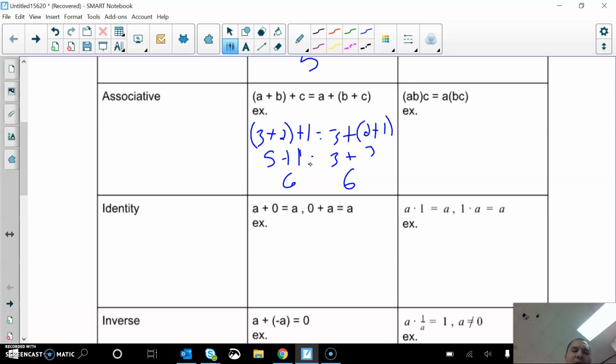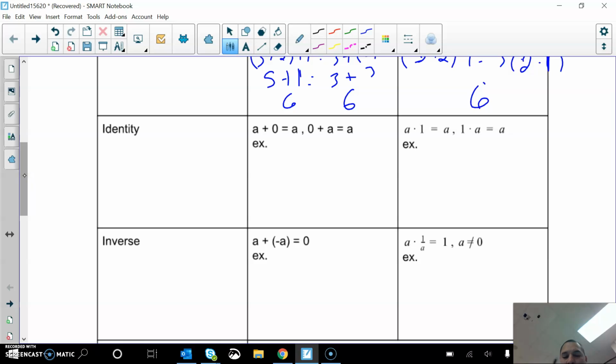All right, so associative works for addition, multiplication, not division, not subtraction. So over here, we'll use the same values. 3 times 2 times 1 is the same thing as 2 times 1 times 3. In both cases, you're going to get 6.